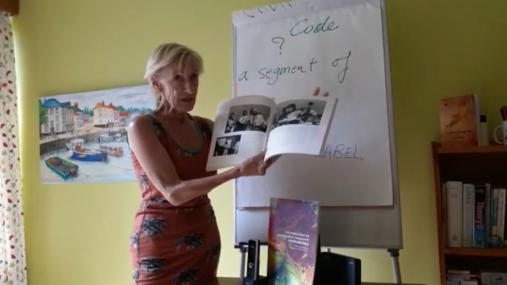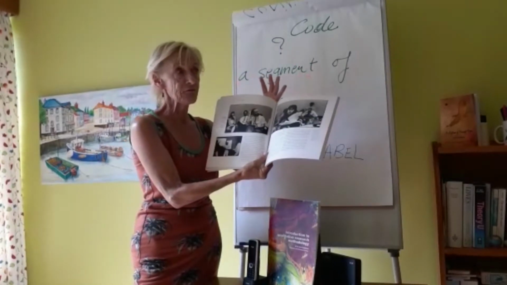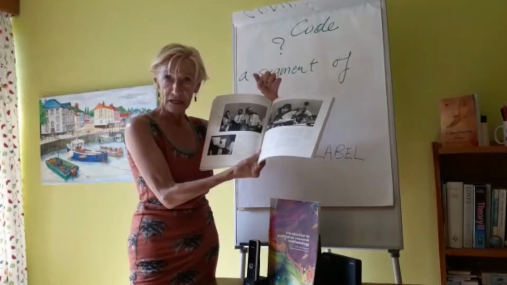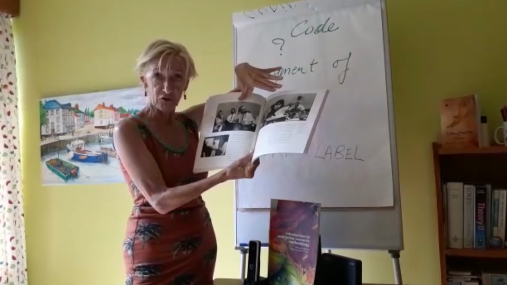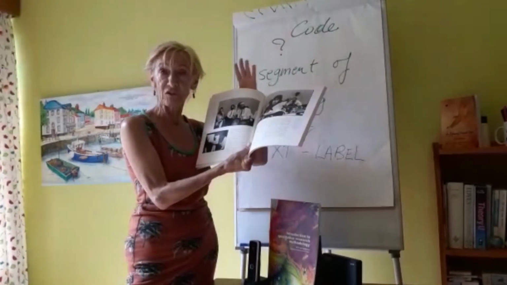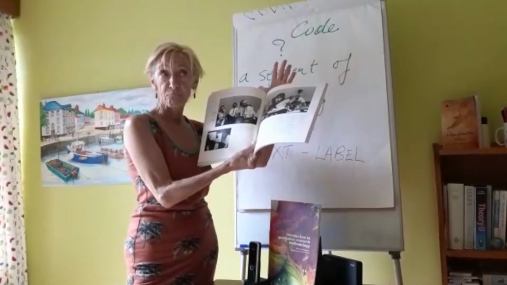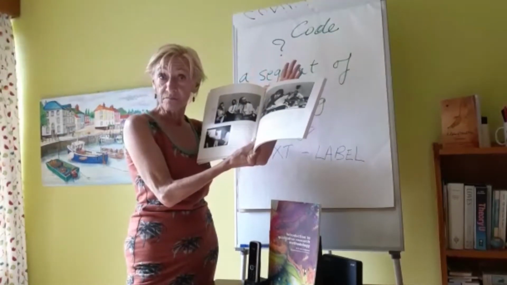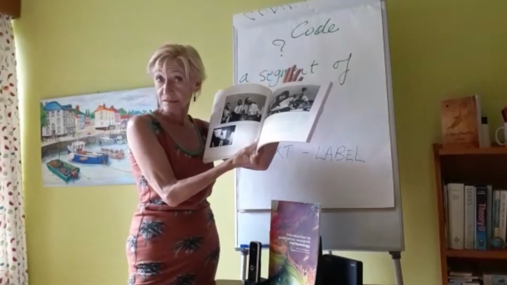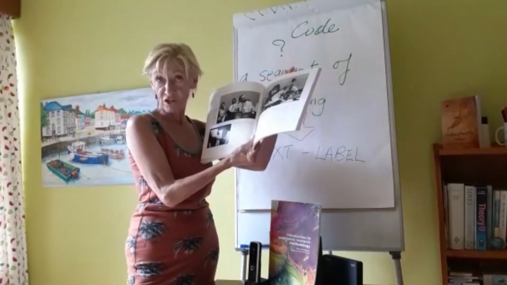So as I think about this, I guess I am on a segment of meaning there, and I would select those two photographs and make a text label for them that would, for instance, have the caption questioning, doubt, maybe even anxiety or distrust.